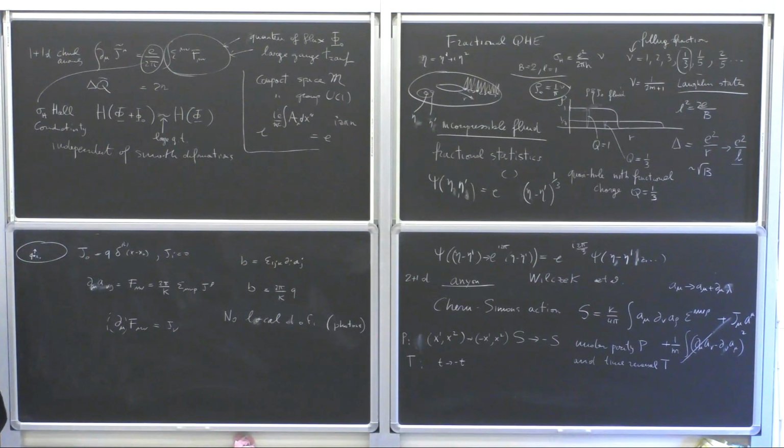So it's not difficult to understand that if you put two charges, Q here and another Q here, and you bring one around the other, you get an Aharonov-Bohm phase.